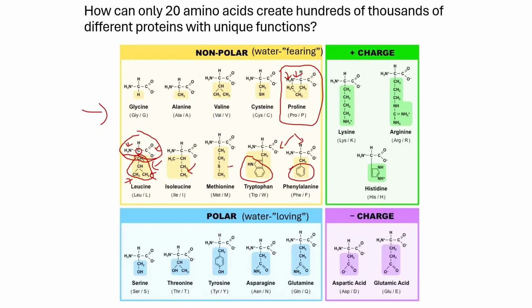For example, you have methionine, it has a sulfur that bridges two methyl groups, which is unusual. And all of these different things do play an important role in how these different nonpolar amino acids interact. You cannot just simply say, well, an amino acid is nonpolar, so they all act the same.